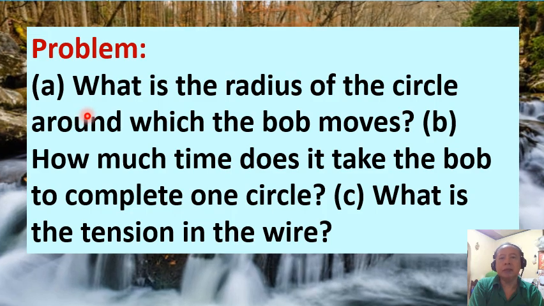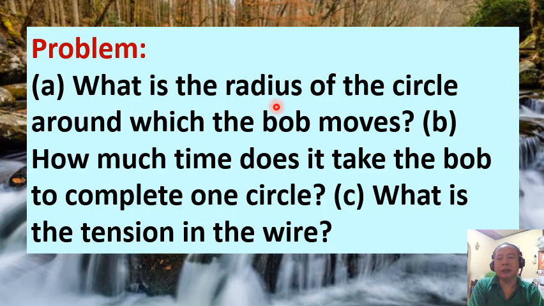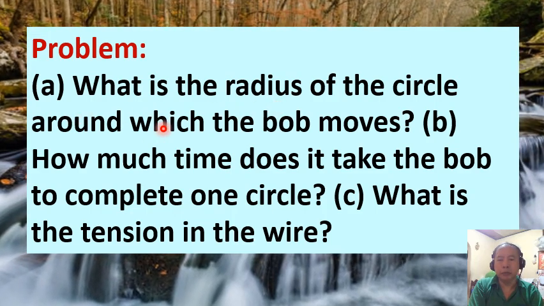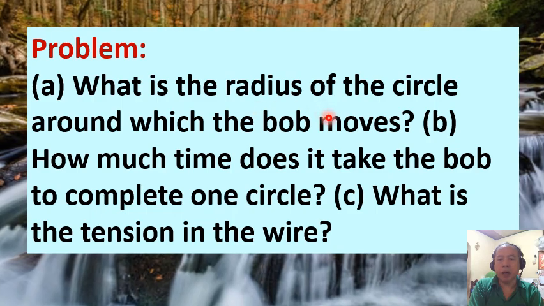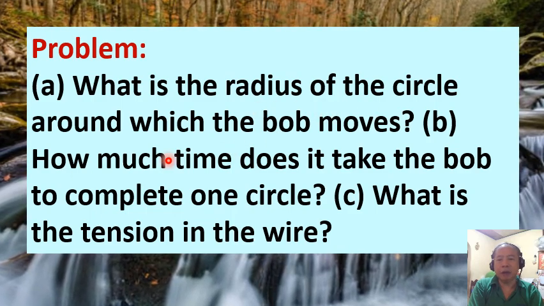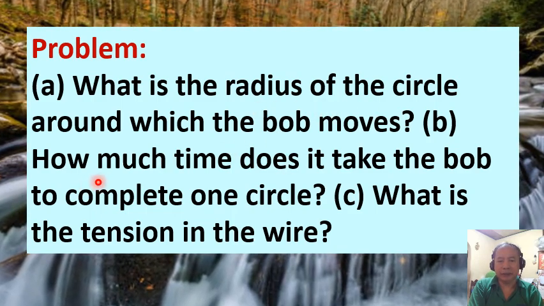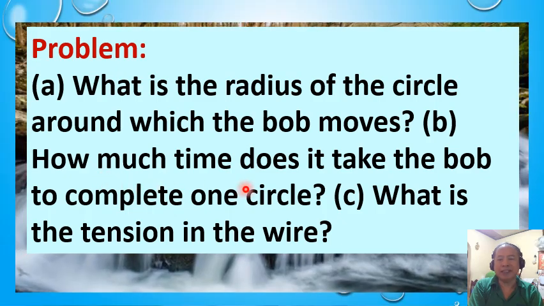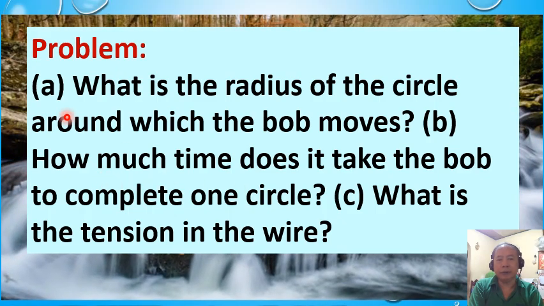Question letter A. What is the radius of the circle around which the bulb moves? Question letter B. How much time does it take the bulb to complete one circle? And question letter C. What is the tension force in the wire?